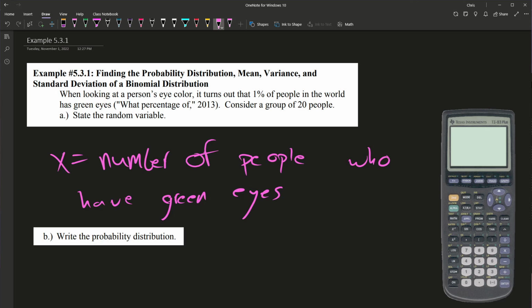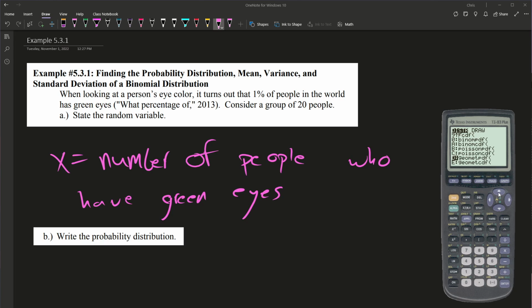The probability distribution is actually something that we can generate in our calculator. In this case, we need to go to second and vars to get to the distribution menu like we did before.